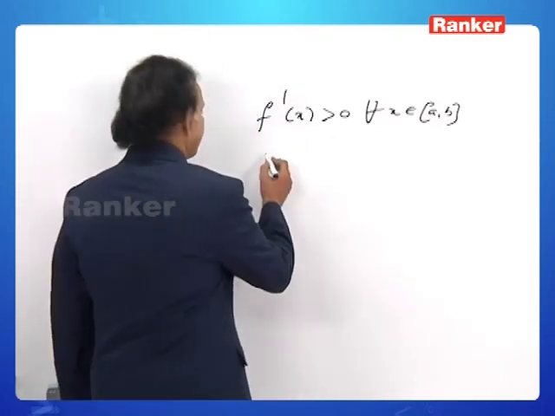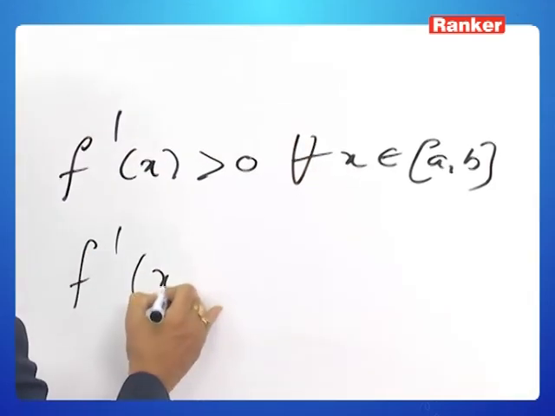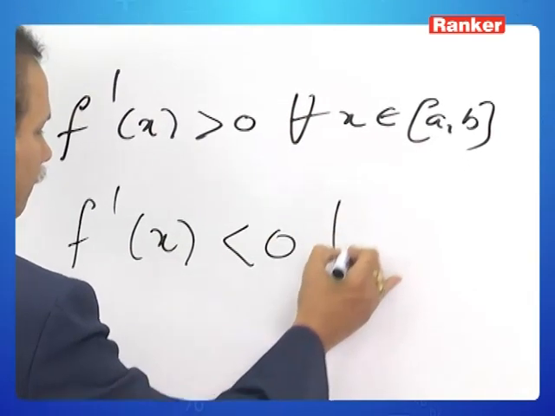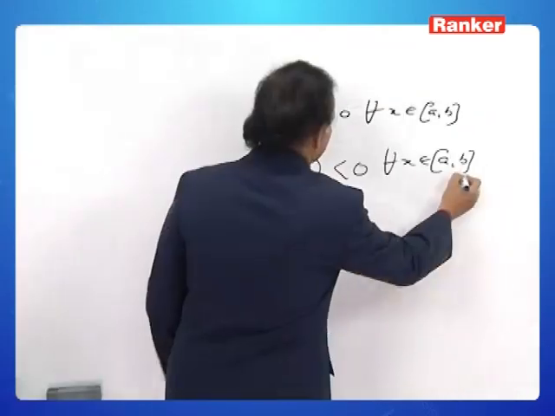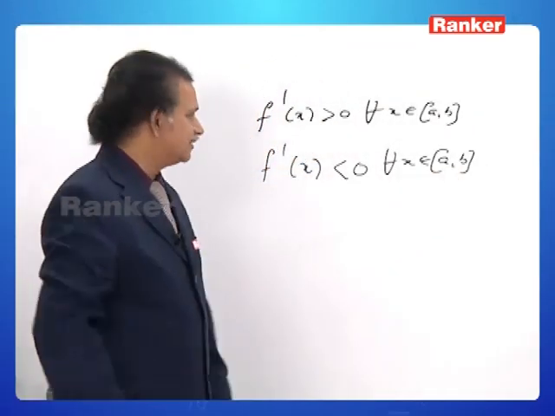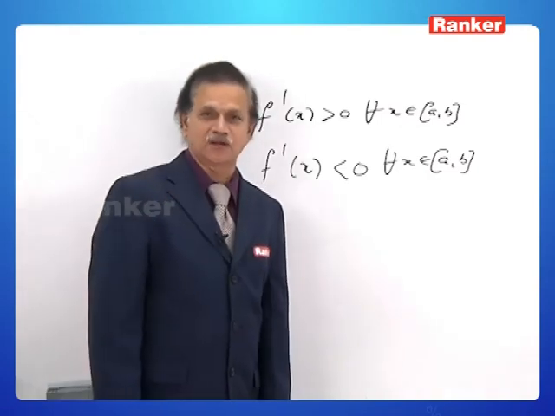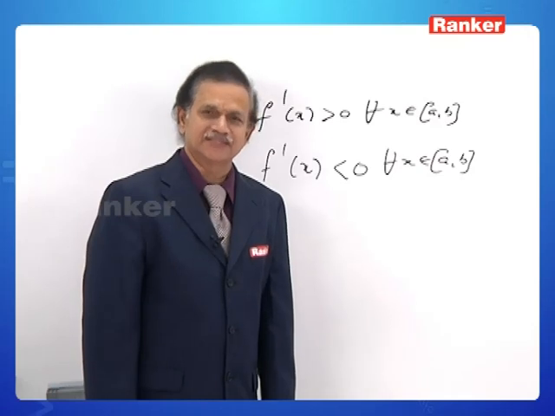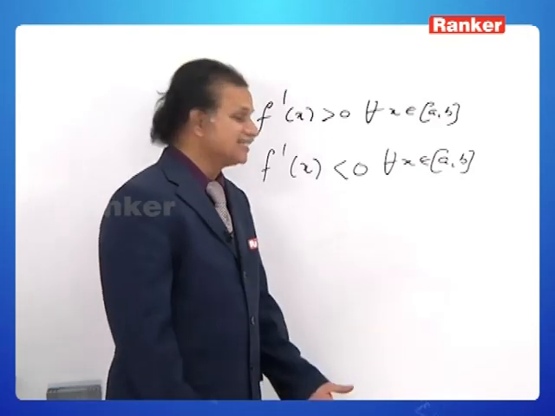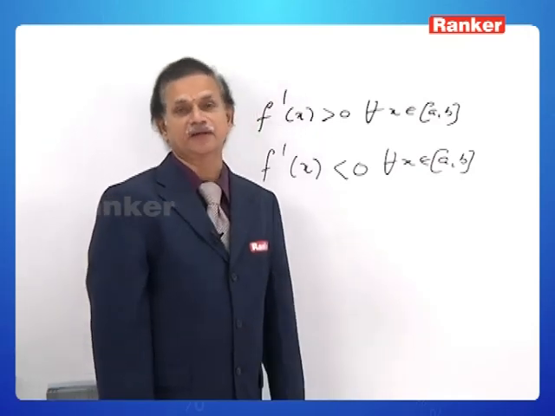Similarly, if f dash x less than 0 for all x belonging to the closed interval a to b, then we notice that f is strictly decreasing in that particular interval.